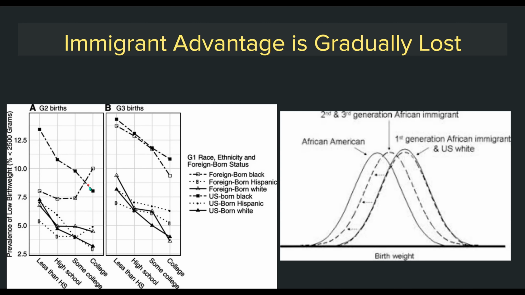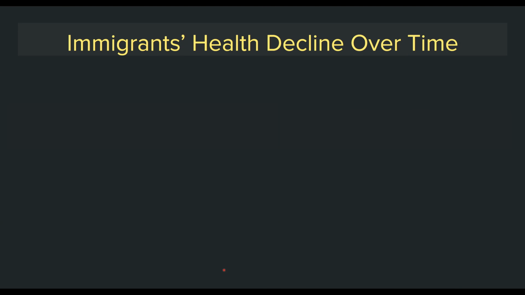This is the second generation. And so here is US born Black with a very high percentage of low birth weight, especially at lower education levels. Foreign born Black is right here. And then for the third generation, they're the same. So immigrants, as they stay here longer, lose that protective factor.